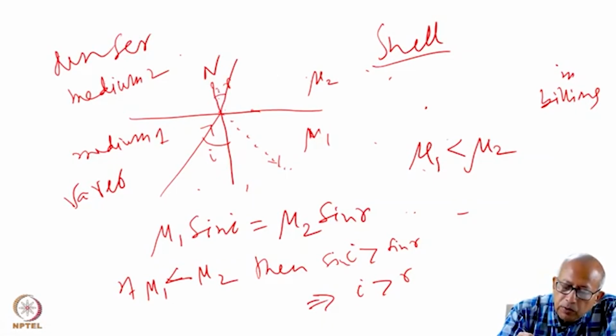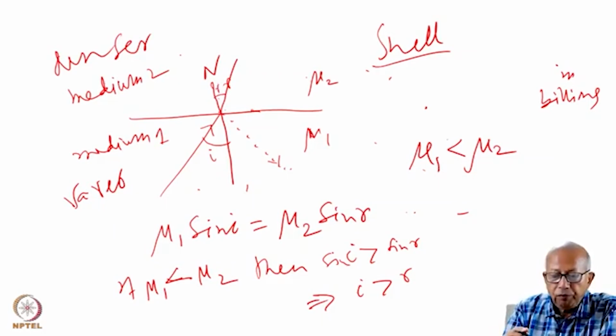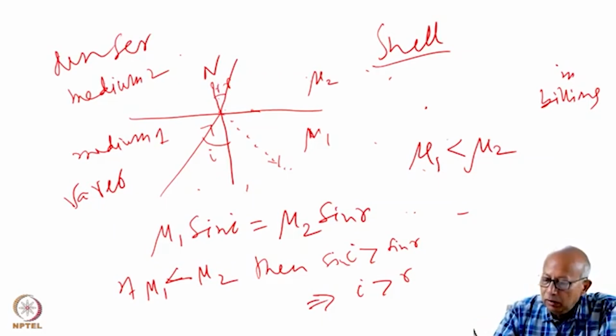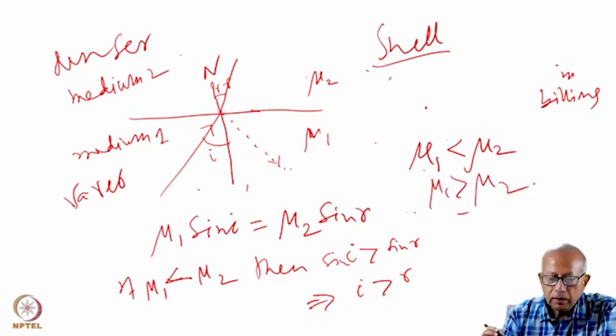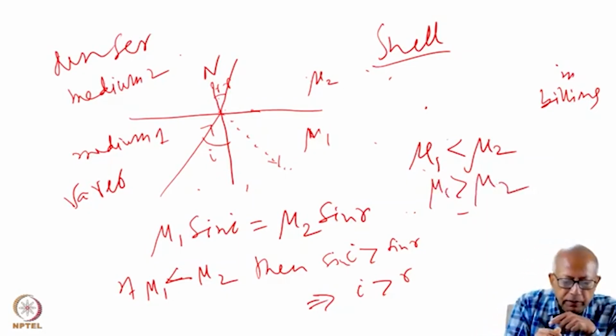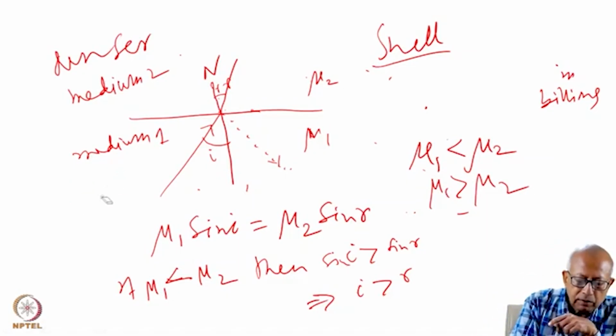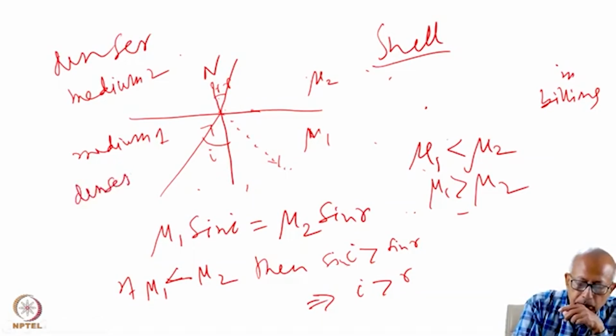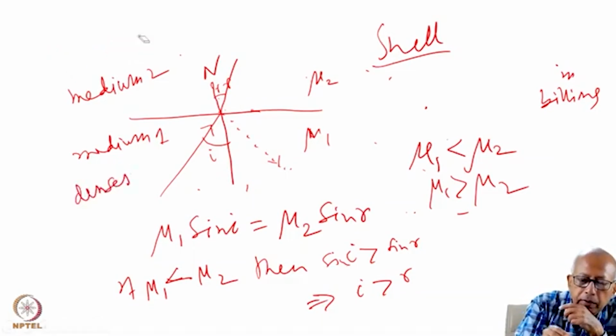So this will be our R. And if mu1 is greater than mu2, that means light is now traveling from denser to rarer medium.